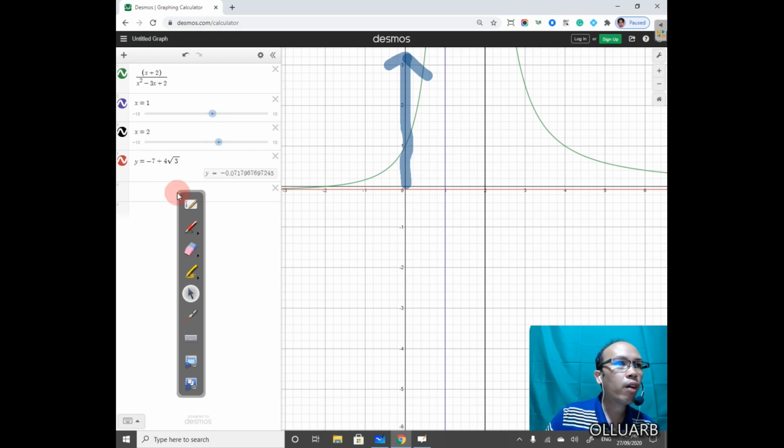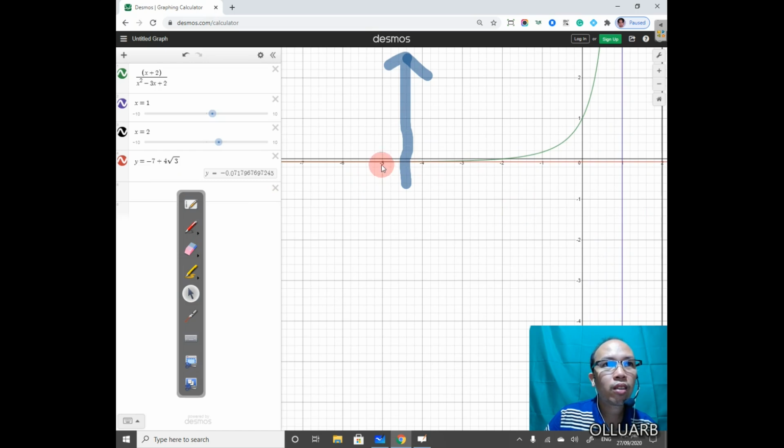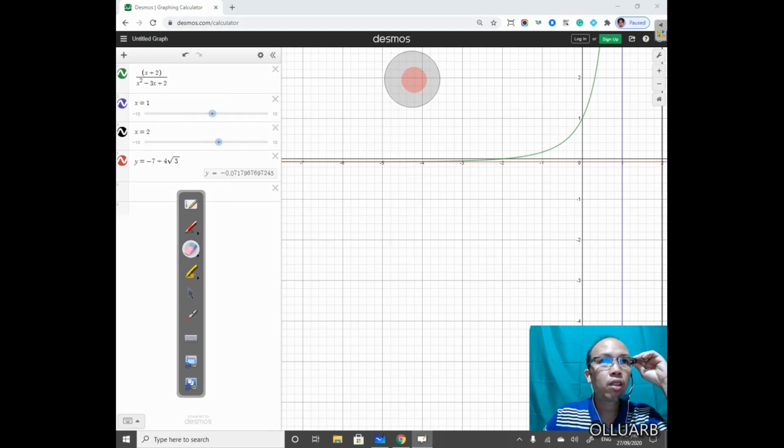However, as you can see, maybe in your eyes, you will see that the green graph is touching the horizontal line y equals -7 plus 4 square root of 3.